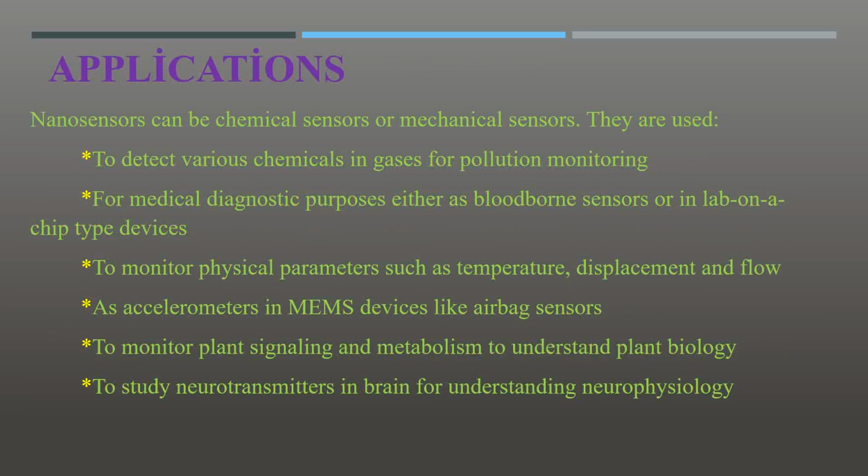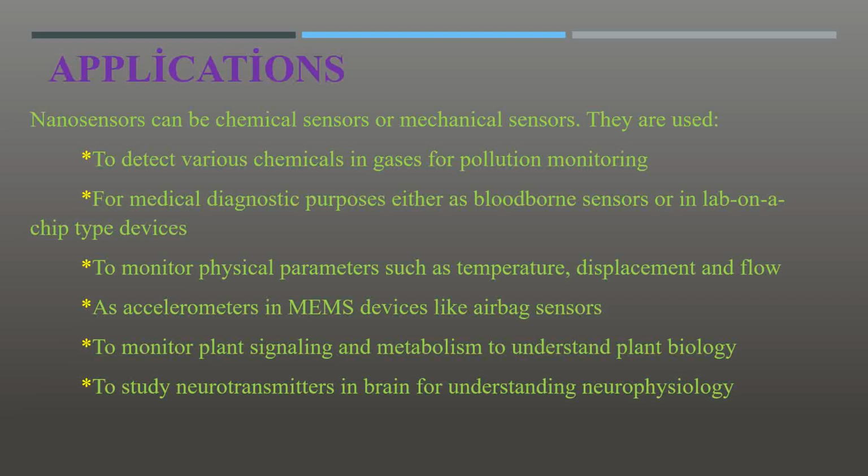Applications. Nanosensors can be chemical sensors or mechanical sensors. They are used to detect various chemicals in gases for pollution monitoring. For medical diagnostic purposes, either as blood-borne sensors or in lab-on-a-chip type devices.